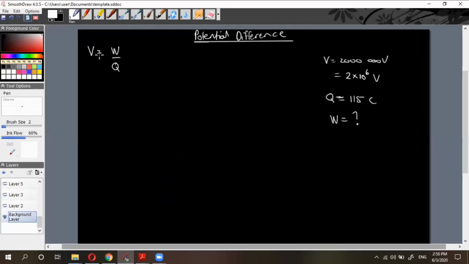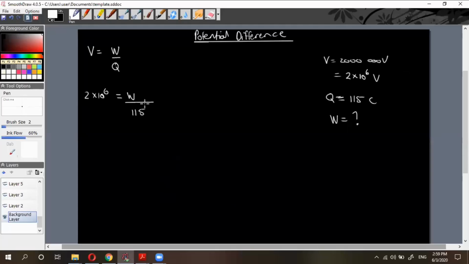I already have my formula written out. I know that 2 million needs to be substituted for V, but I'm going to write the scientific notation there: 2 times 10 to the power 6. Equals, well, W is still my unknown, divided by a charge of 115.